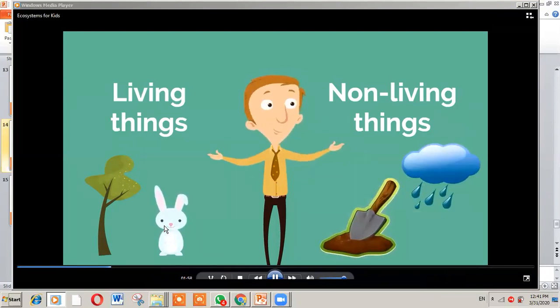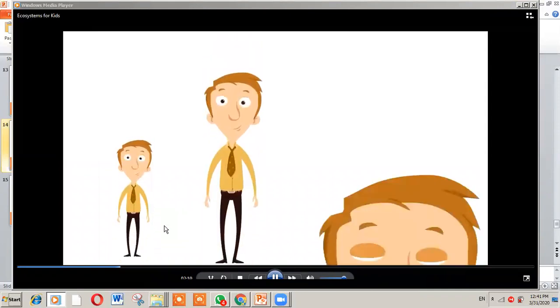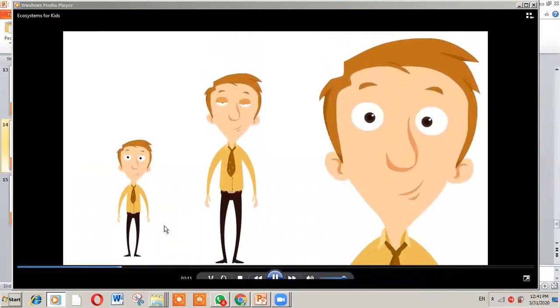Together, they make up a very special place called an ecosystem. Here's the thing about ecosystems. They can be small, medium, or large. It all depends, just as long as it's an environment where living and non-living things interact with each other.